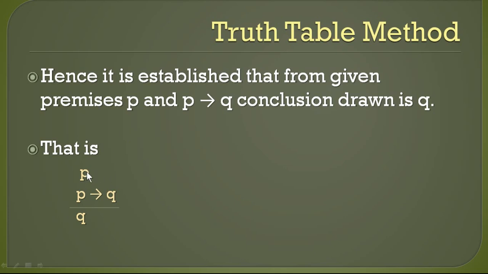So you write P implies Q, put a line, and then write Q. That means it has been established. That's how you complete this question. This is how you draw the truth table, complete it, find whether it is a tautology, write the statement for it, and finally write the conclusion.